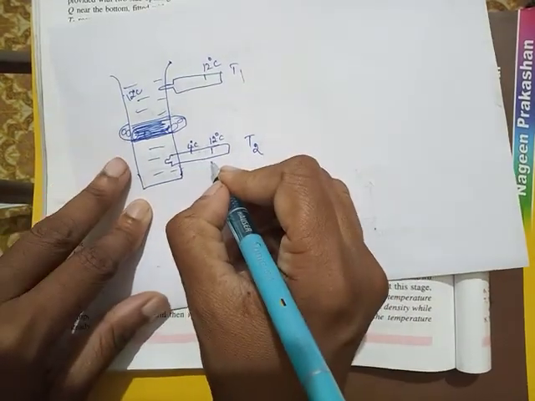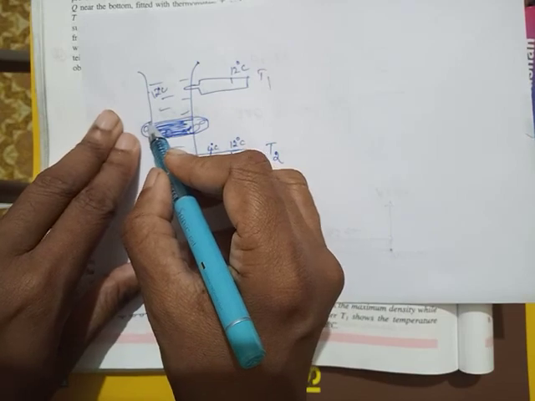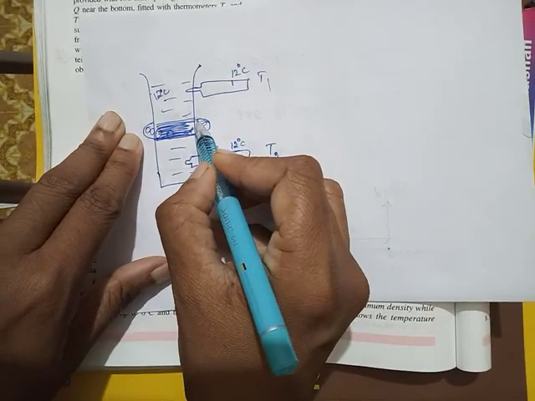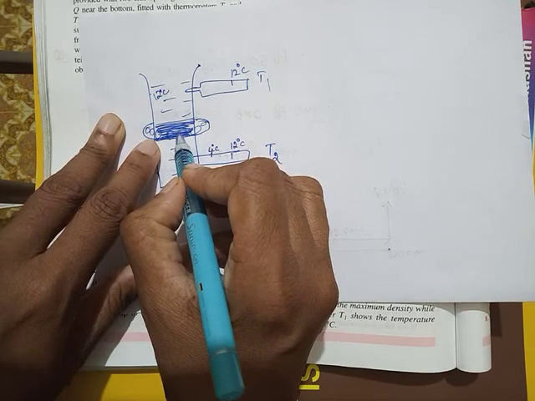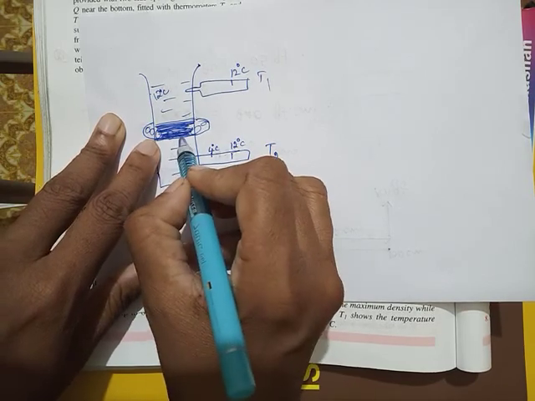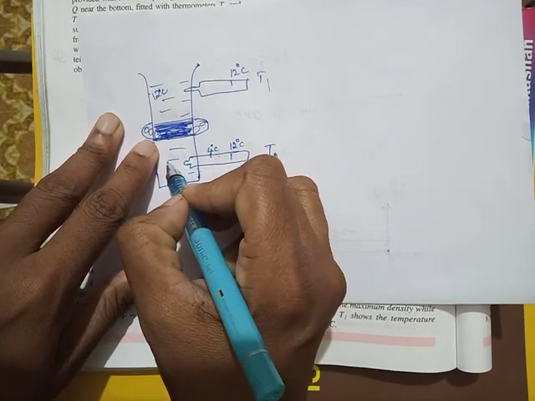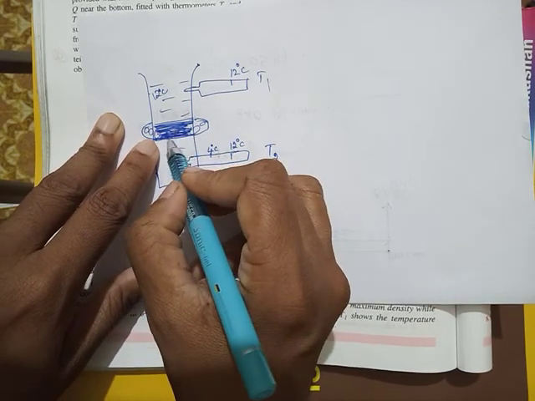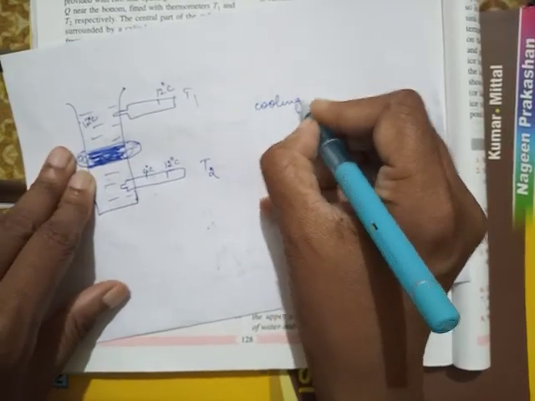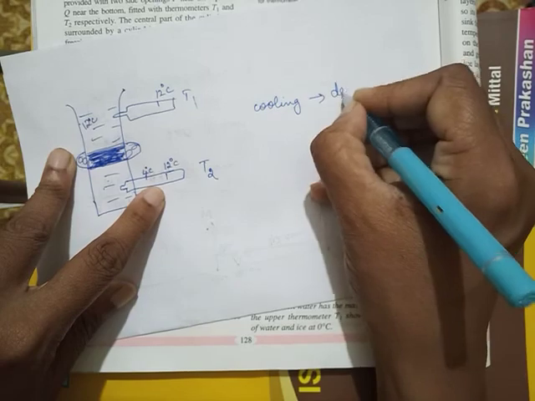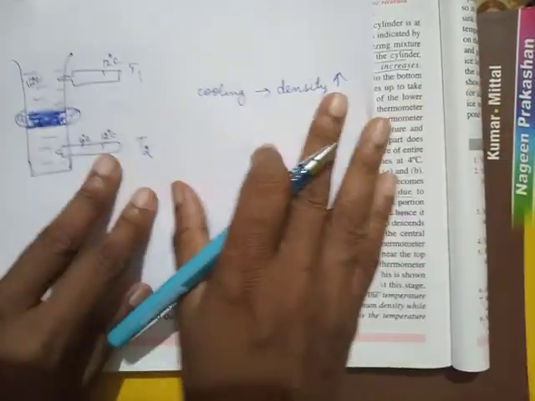Now why did the temperature fall? Because the middle part alone is surrounded by ice, this part of water first gets cooled. It was initially at 12, and from 12 it will come down to 11 degrees Celsius. When cooling is happening, density will increase. Normally, not anomalous.